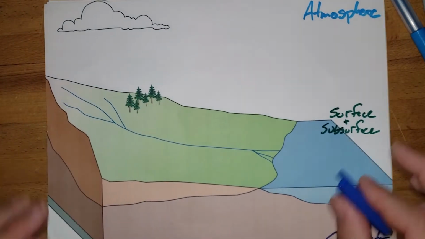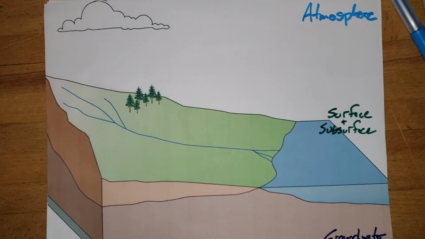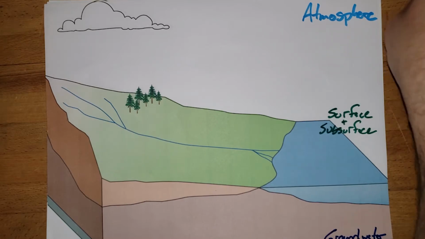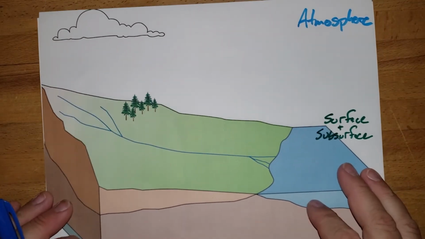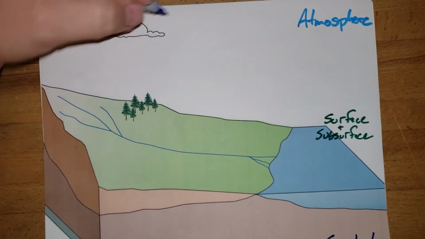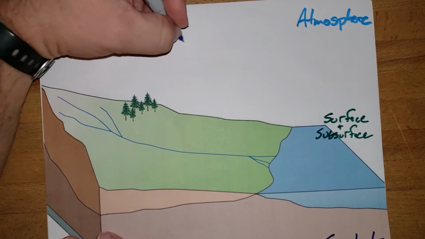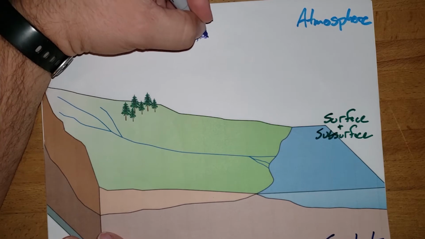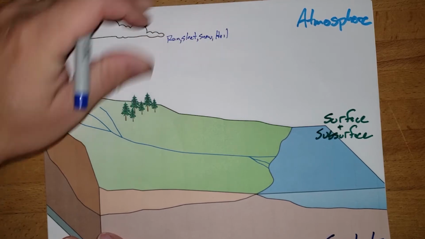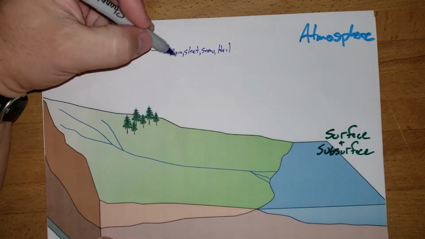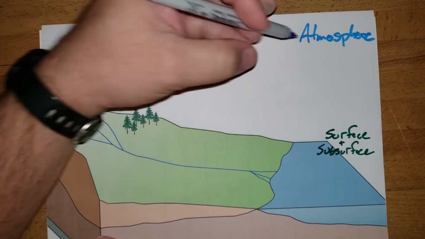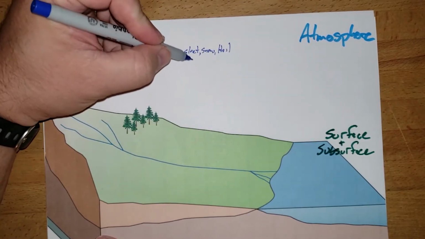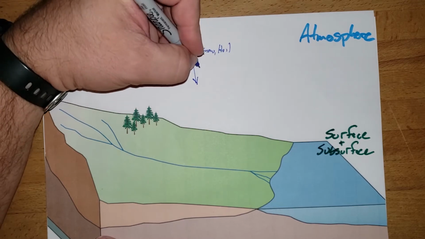Cool. So now we want to talk about the processes, or the movement of water from one location to another. Anytime we're looking at water falling from the sky in the form of rain or sleet or snow or hail, or any other type of precipitation coming from the atmosphere down to the surface, we call that precipitation.